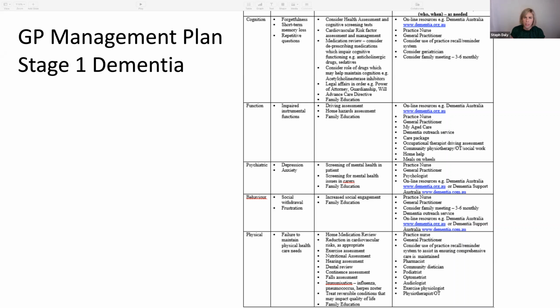You don't want people falling over, so having good podiatry is important. And this really shows you how a GP management plan can be used within the realm of dementia. It's the perfect disease to incorporate all of these allied health professionals and regular reviews so that you're keeping on top of patients and they're not kind of drifting into the ether.